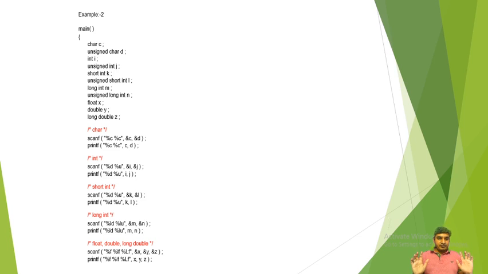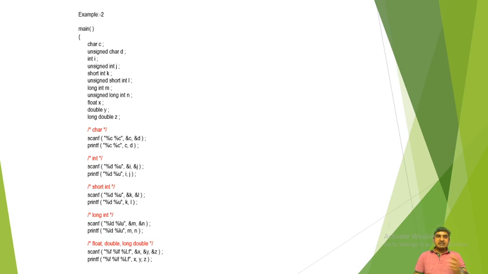This is the input function. Now we have to display this input x, y, and z on the computer screen or monitor. Then we use printf, percentage f for floats, percentage lf for double floats, and percentage capital LF for long double floats, comma x, y, and z.